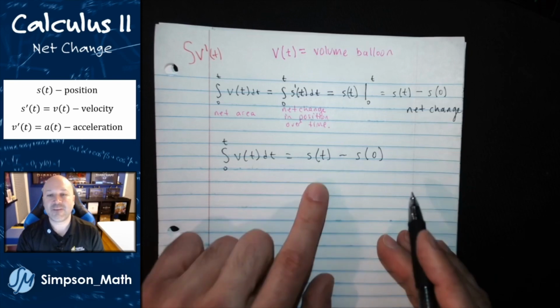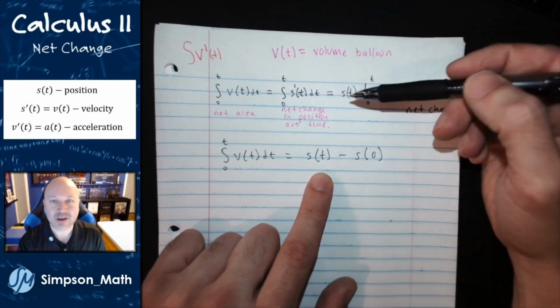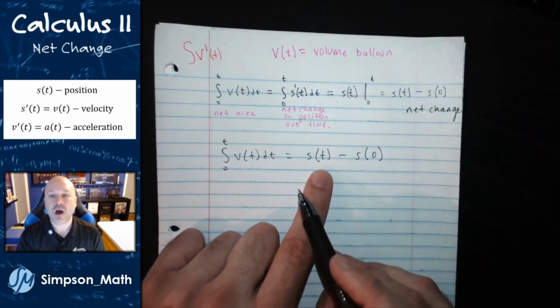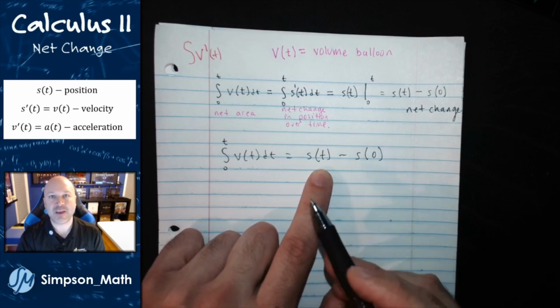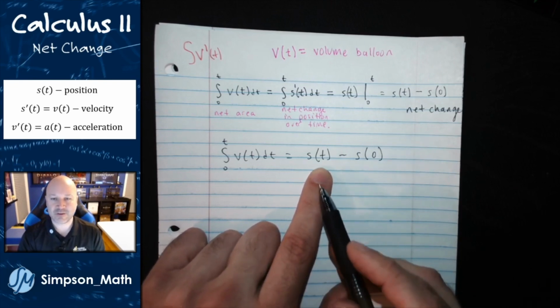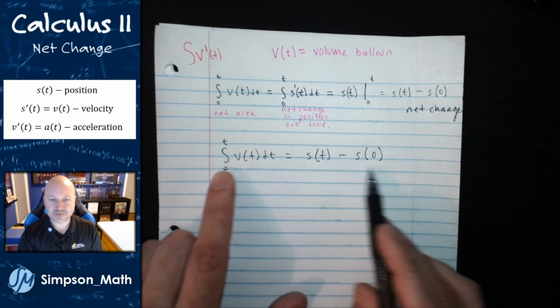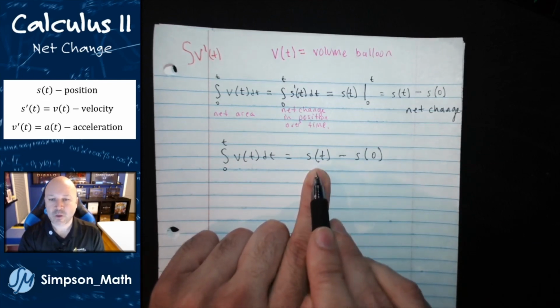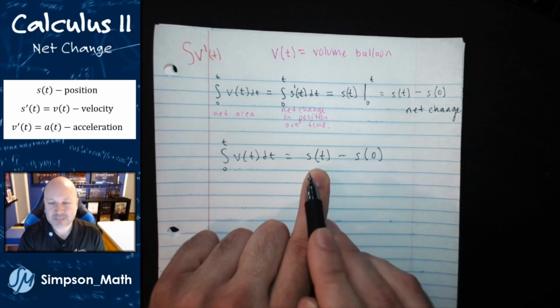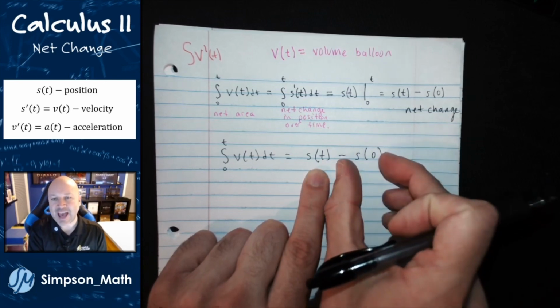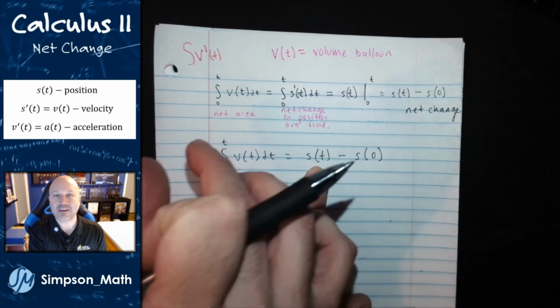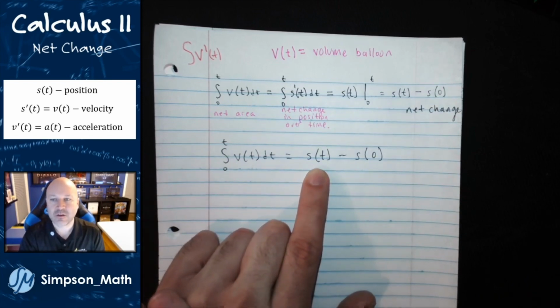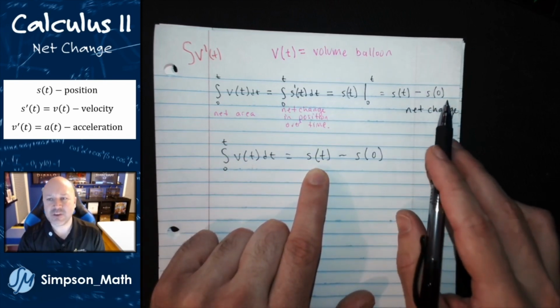So in the homework, I have you find the antiderivative, which we've been doing all semester long, but a new way to maybe think about the process of finding the antiderivative is just using the fundamental theorem of calculus and then solving for s of t. So if I want s of t all by itself, I'll just need to add s of 0 to the other side of the equation. Now what is s of 0?